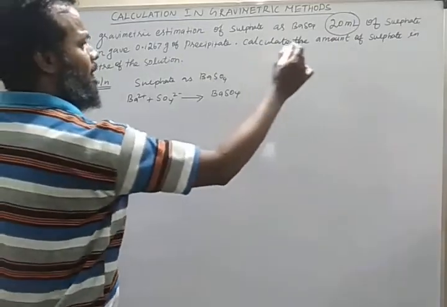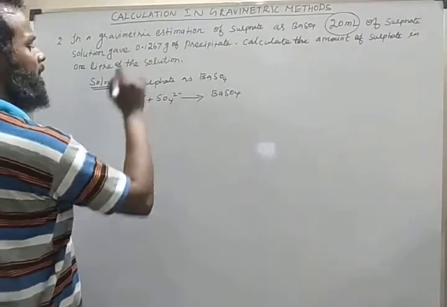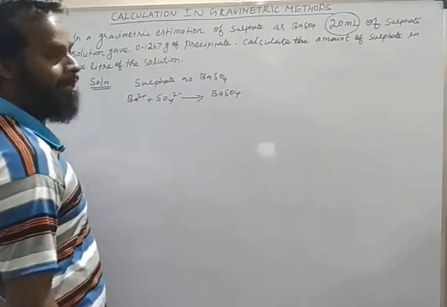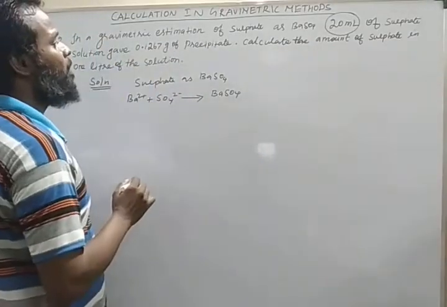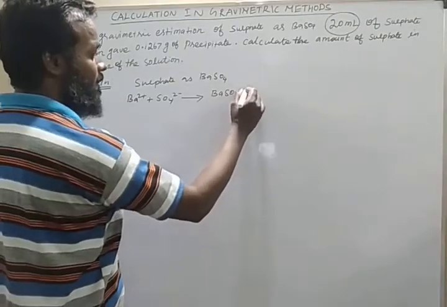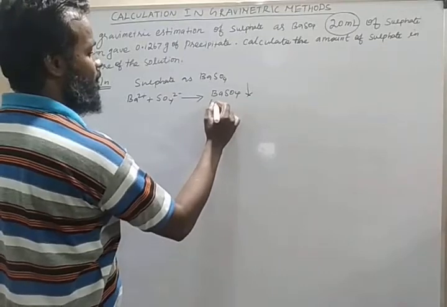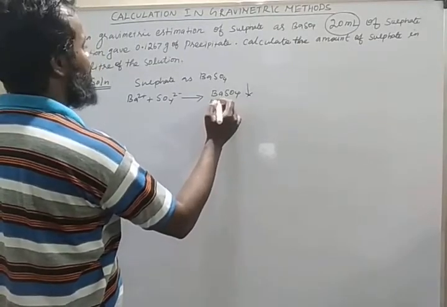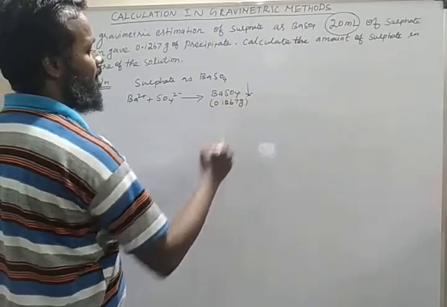The amount of precipitate we get in 20 ml of sulfate solution is 0.1267 gram, formed as barium sulfate.